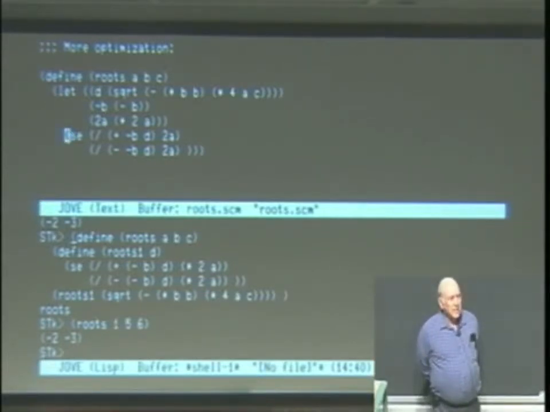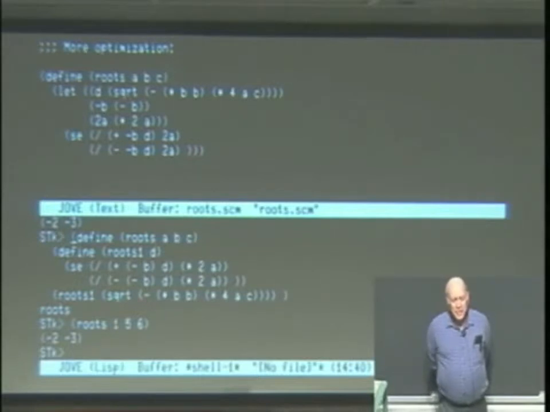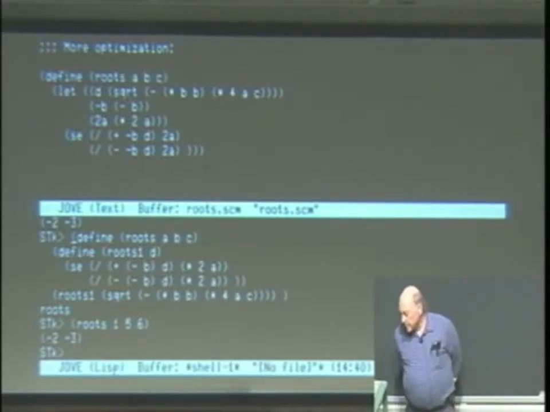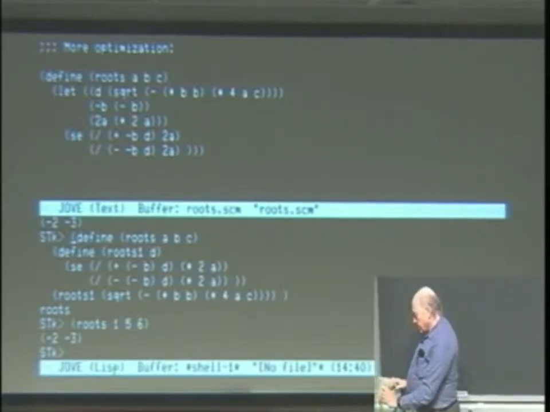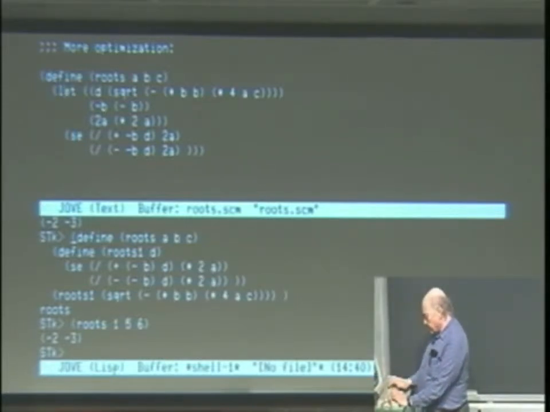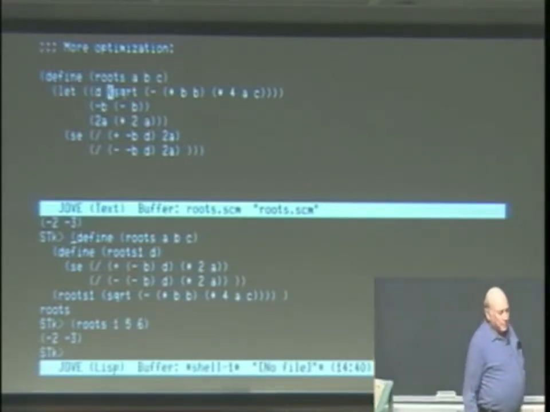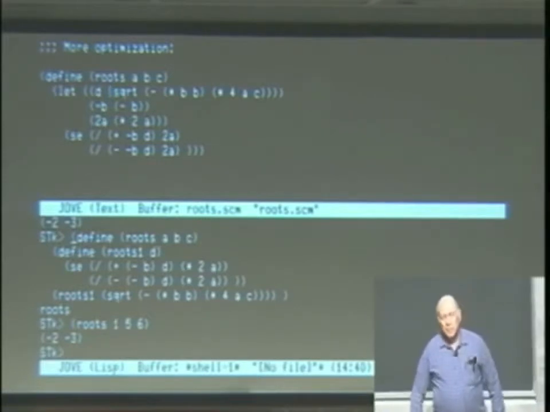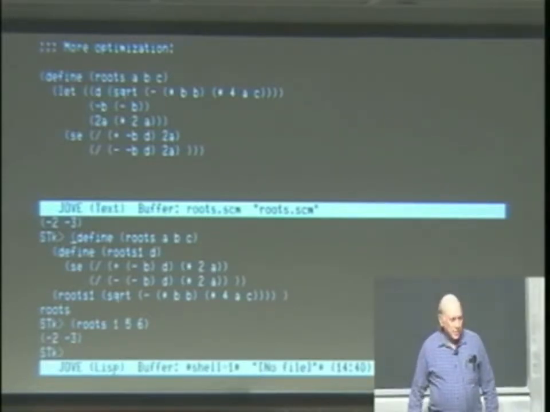So again, the reason that let is useful is that it lets you put the symbol that you're defining, d, right next to the expression that provides its value. So that's a rearrangement that makes this program easier to read.